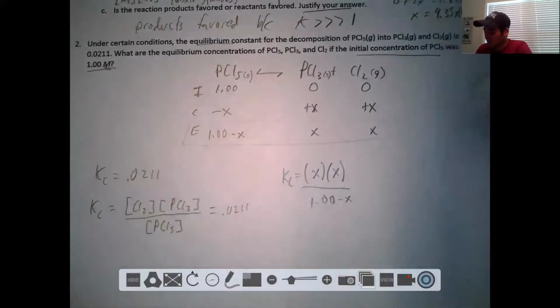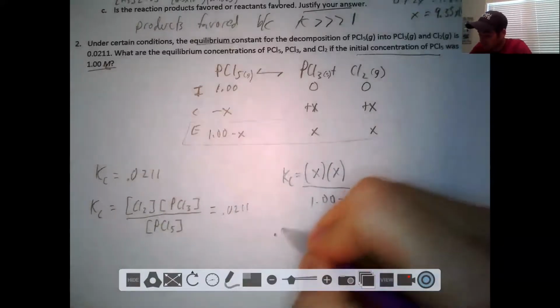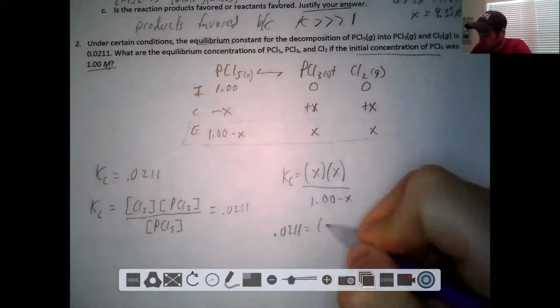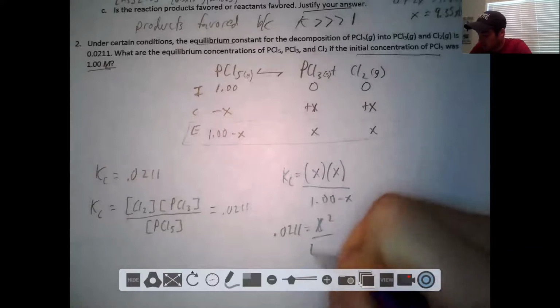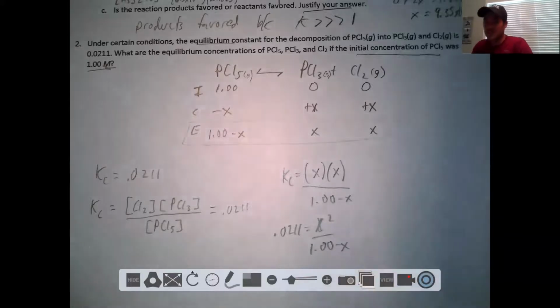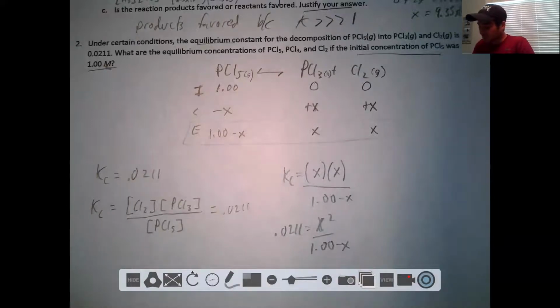Now, if you look, we can say 0.0211 equals X squared divided by 1.00 minus X. Now, one thing to make note of here: you can solve this set equal to 0. You can use the quadratic formula, but we are not going to do that.